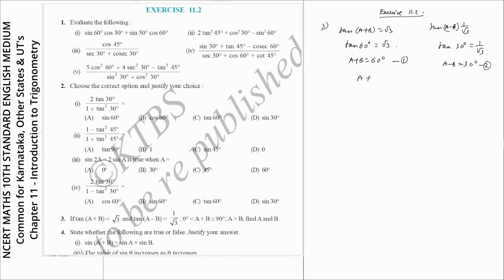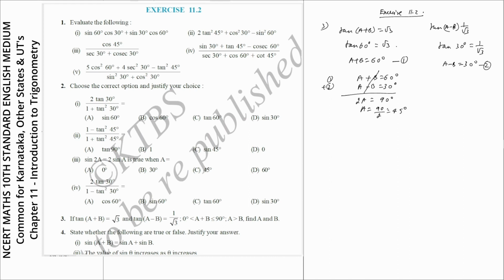Equation 1 is A plus B is equal to 60 degree and equation 2 is A minus B is equal to 30 degree. I'll add these two equations. B will get cancelled, so 2A is equal to 90 degree. So A is equal to 90 by 2, I'll get 45 degree.